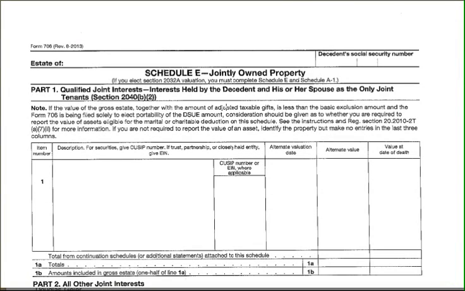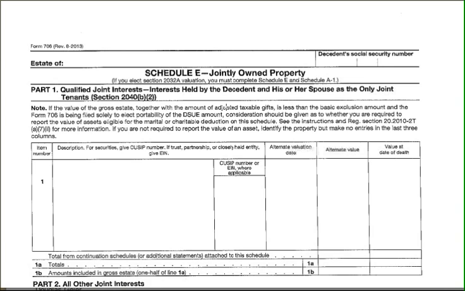When we're talking about mortgages, you have to draw a line between recourse and non-recourse debt. Recourse debt is reported on Schedule K, and that's back a little bit further. Non-recourse debt is reported with the asset on the schedule for that asset.